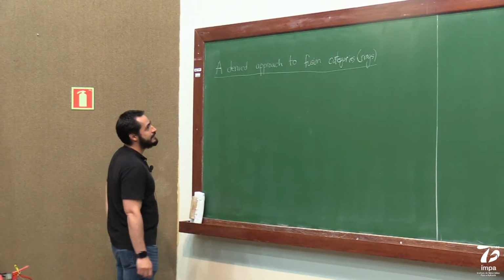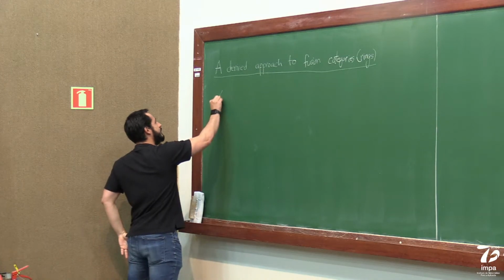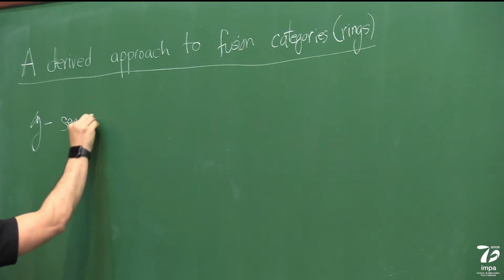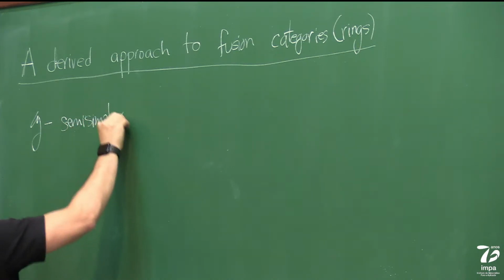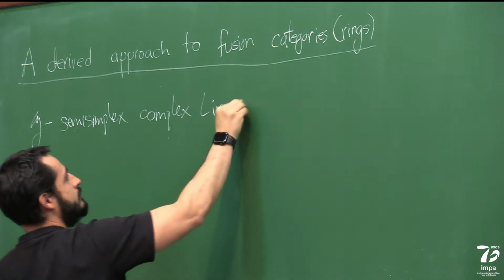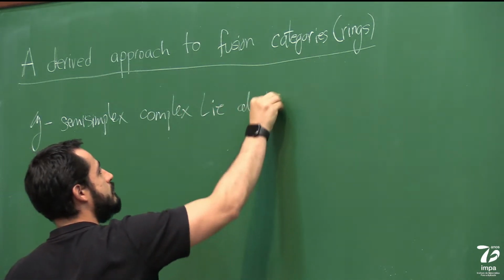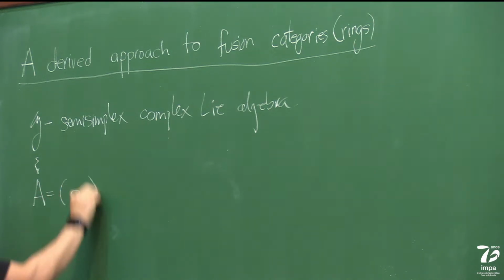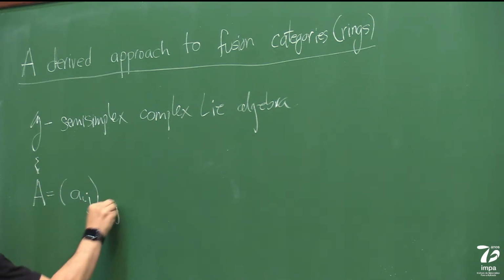So the idea is that I will start with a semi-simple complex Lie algebra. Maybe I need to fix that just for this semi-simple complex Lie algebra. We have some Cartan matrix a_ij, from 1 up to n.